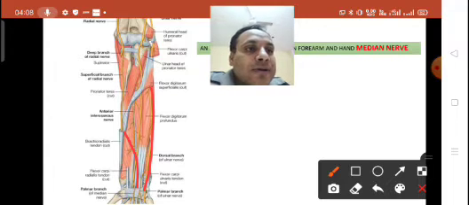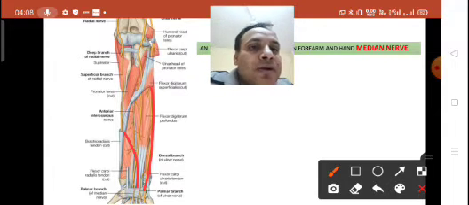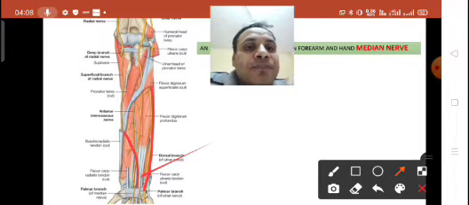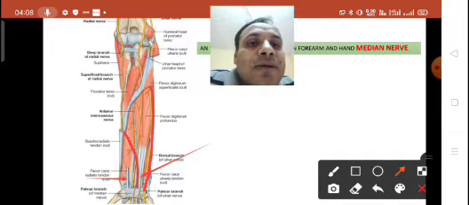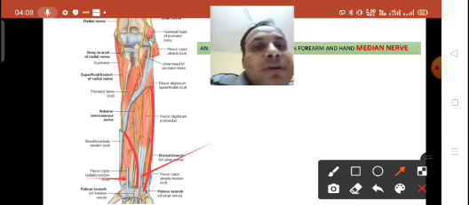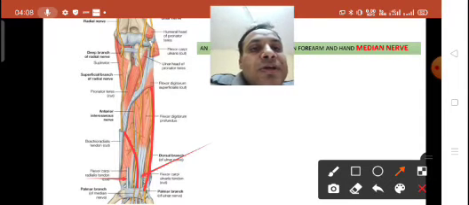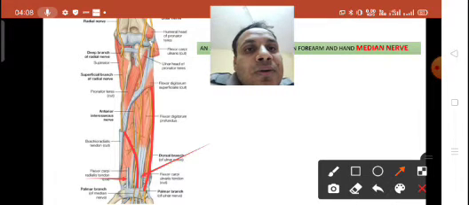You can see here the flexor digitorum superficialis tendon lies medial to the median nerve and the flexor carpi radialis tendon lies lateral to the median nerve. Near the wrist joint, the median nerve lies deep to the palmaris longus tendon. See here, the palmaris longus tendon.